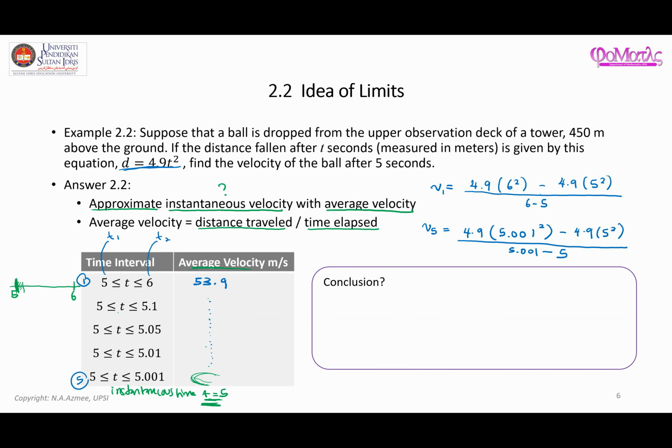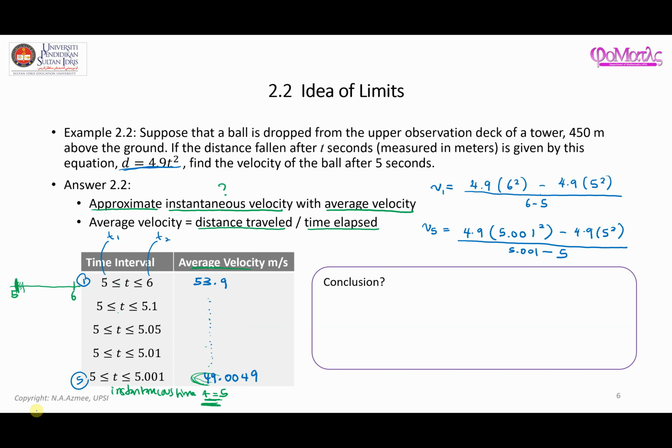When you calculate this, you get 49.0049. Based on this result, you can guess that the instantaneous velocity is going to be very close to this value. So you can safely assume that it's equal to 49 meters per second.